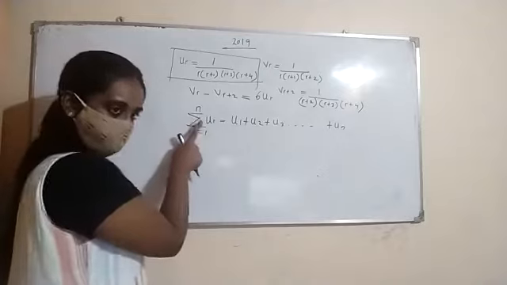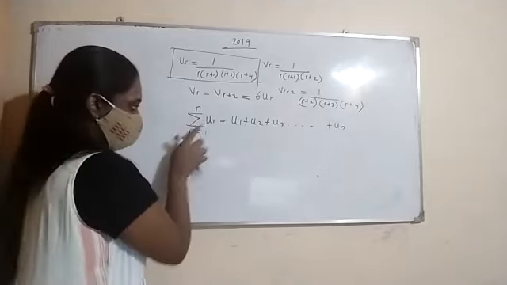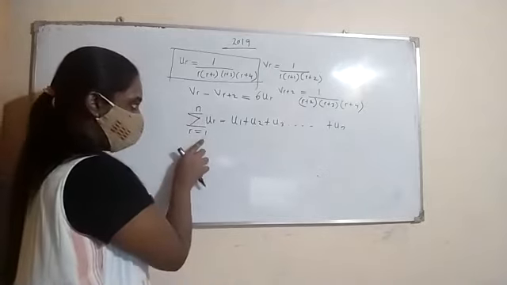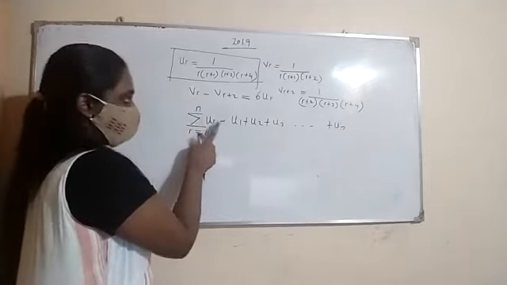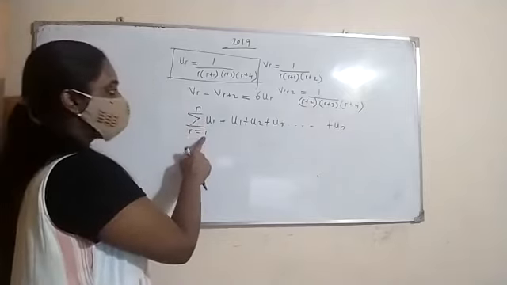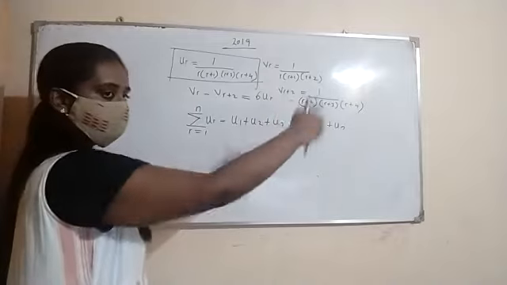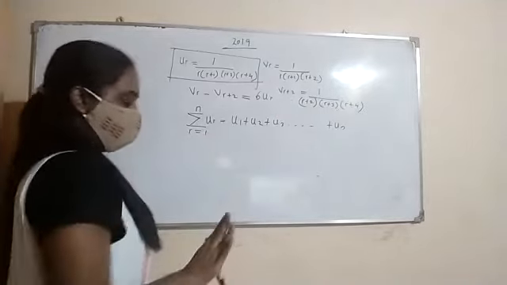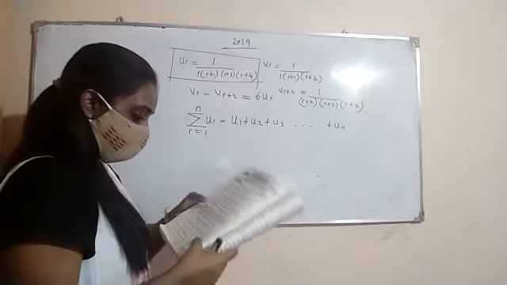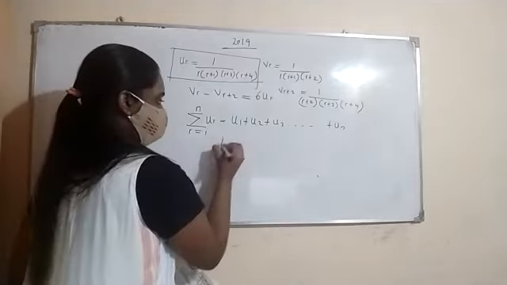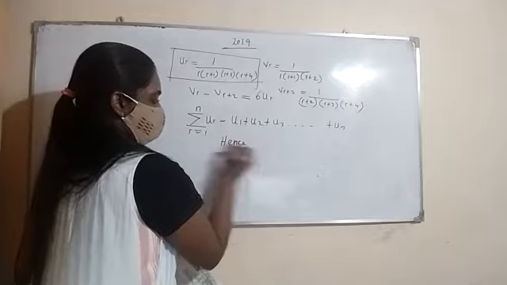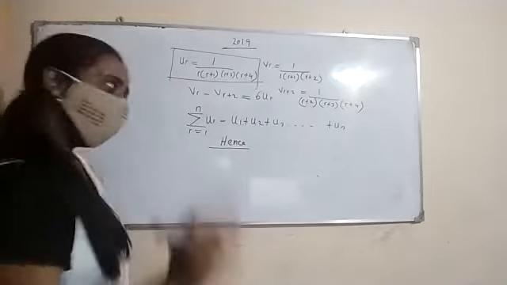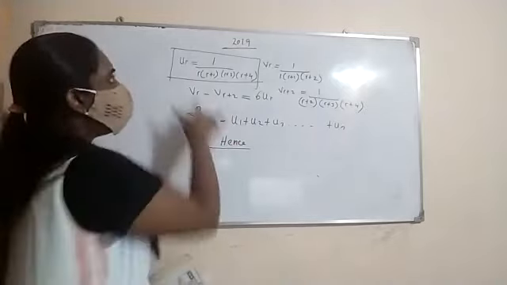You should know the meaning. Sigma R running from 1 to n UR means summation, where R takes values from 1 to n: 1, 2, 3, 4, 5, 6 up to n. But now you see they have used the word hence. They didn't expect you to do it directly.